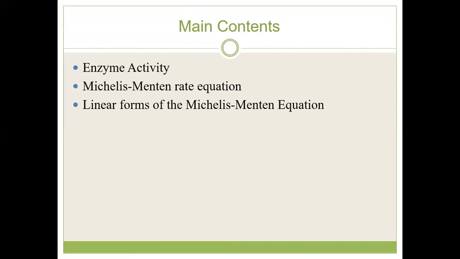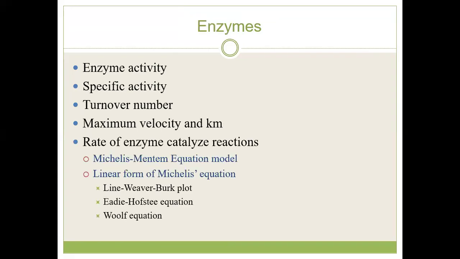This is general now, not only specific to the group that needs to talk about enzyme activity. You need to know what the unit of an enzyme activity is. You need to know how to differentiate between enzyme activity and specific activity. You need to know turnover number, maximum velocity, and Km.